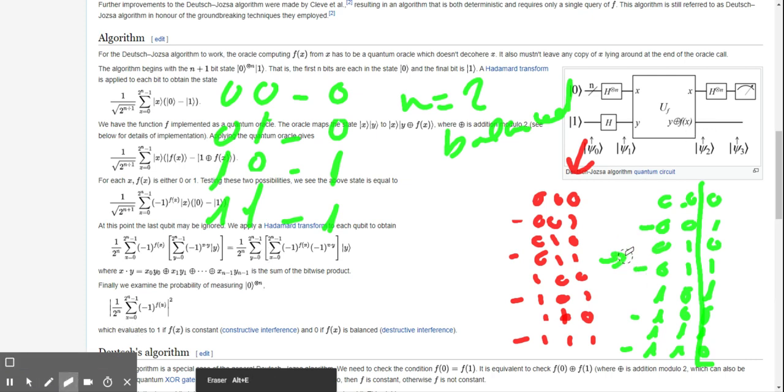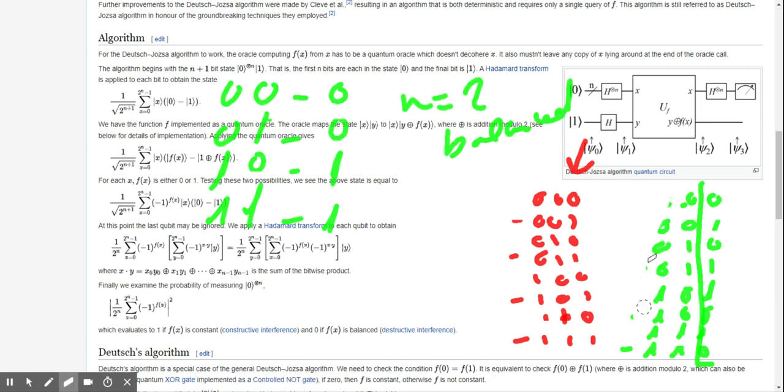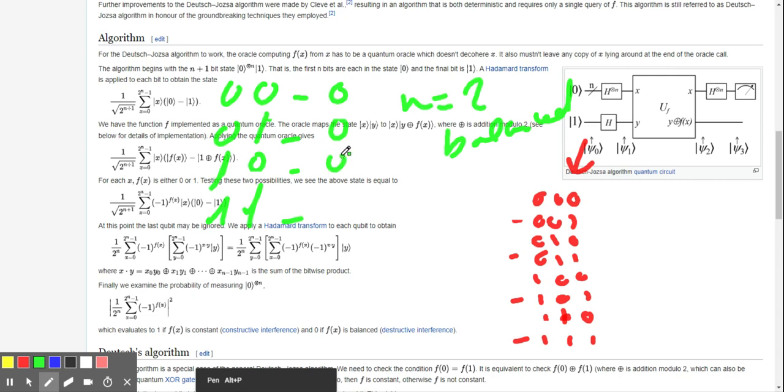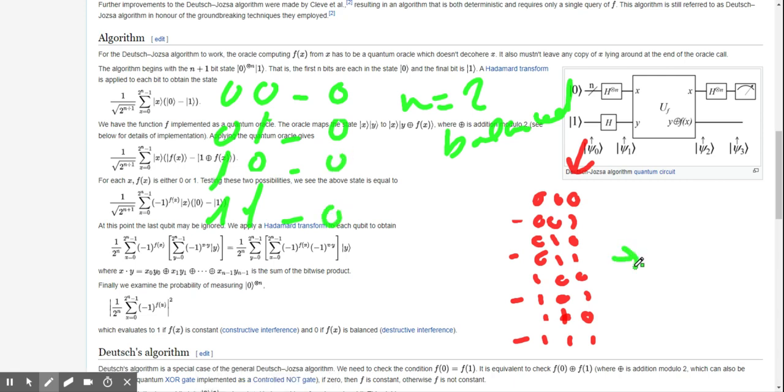And what if it's constant? What if it outputs always, let's say it outputs always 0. So then this is transformed into the same, basically. Minus 0, 0, 1.